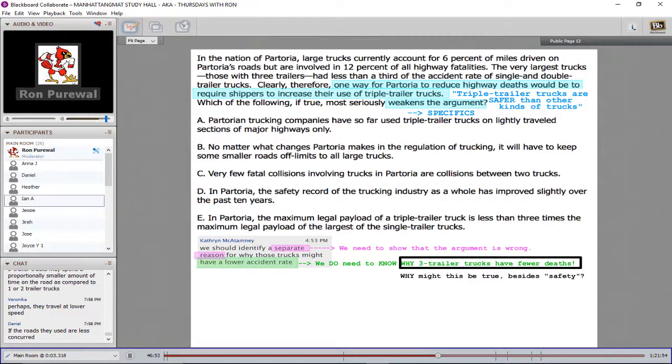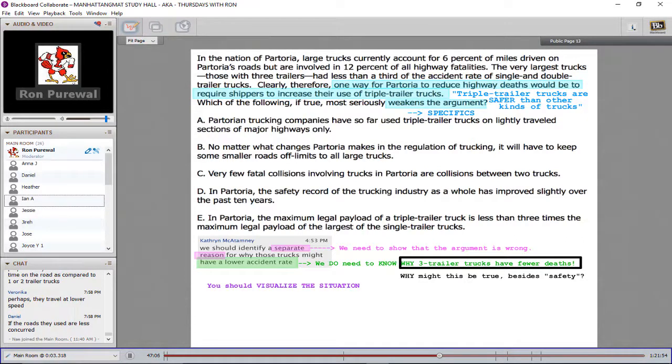What you need to do is visualize this in your head. You should visualize these situations in the real world whenever possible. If you think about a truck with 3 trailers behind it, guys, where are you going to be able to drive this, and what is it going to look like?